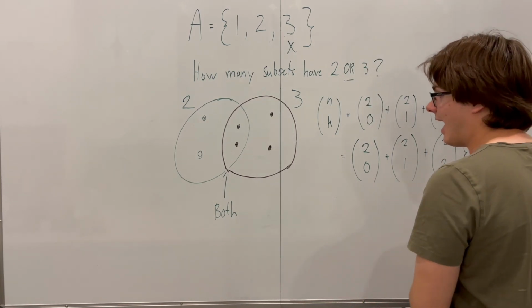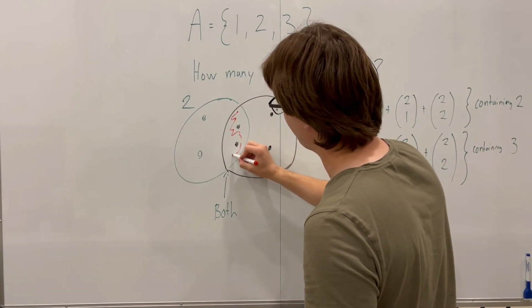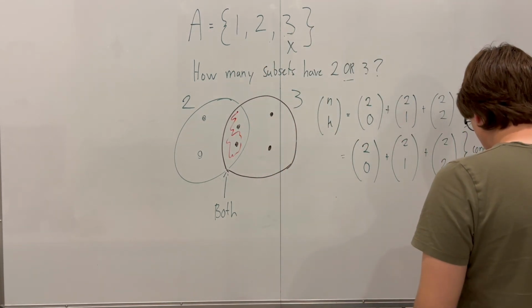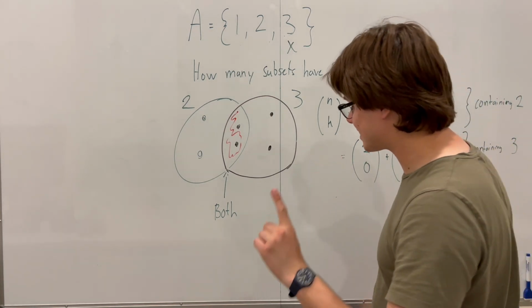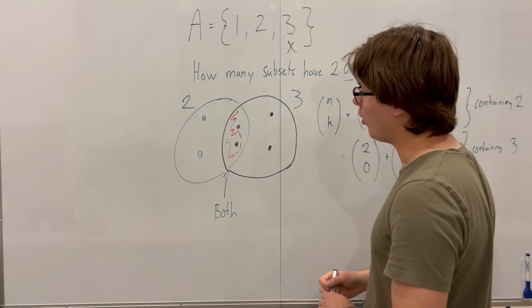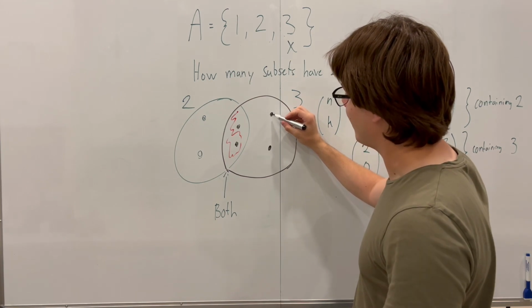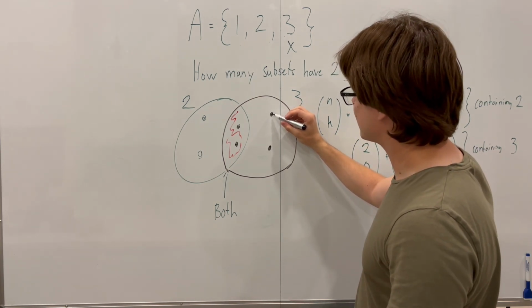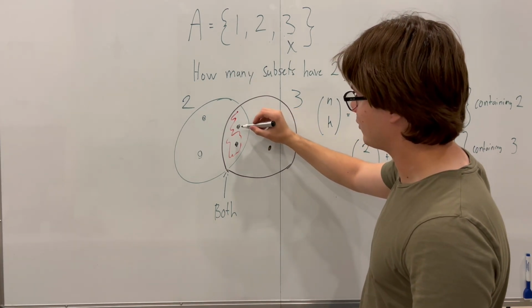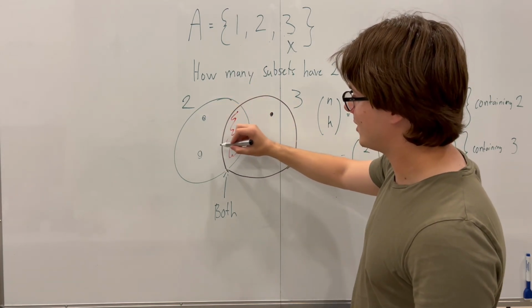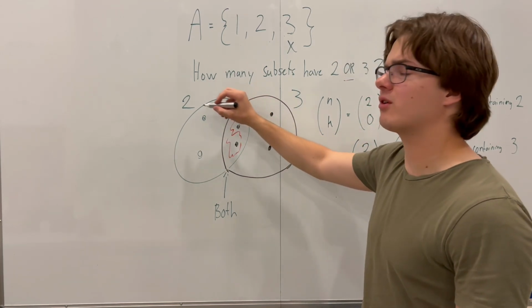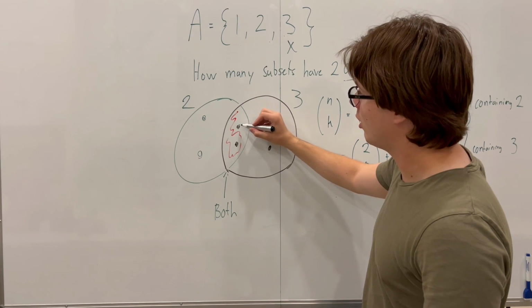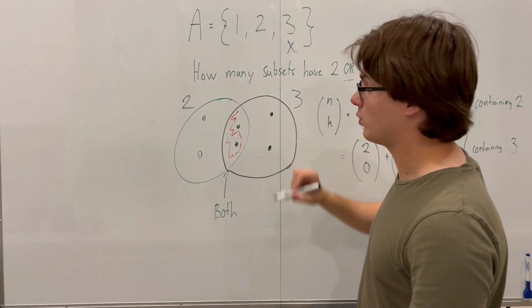But because we have this overlapping area here, we're going to want to subtract it once, because when we subtract it once, it's going to say, okay, let's count all of the sets containing 3, add all of the sets containing 2, but let's just subtract from the sets containing 2 the ones where they contain 3 as well.